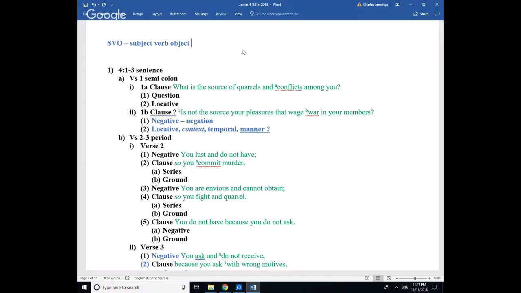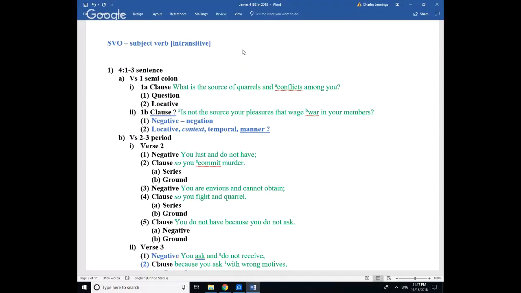Actually, Janet, it doesn't have to have an object. When it doesn't have an object, we call that intransitive. That's a fancy name. Let me spell it right: intransitive.